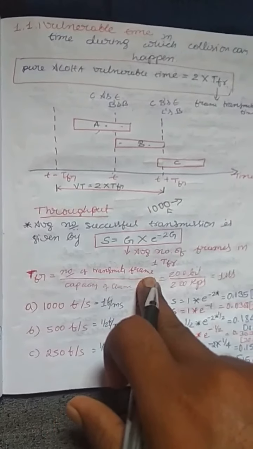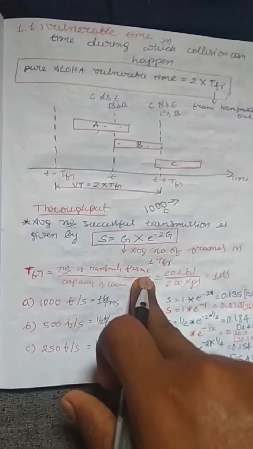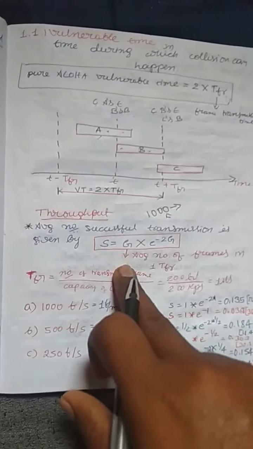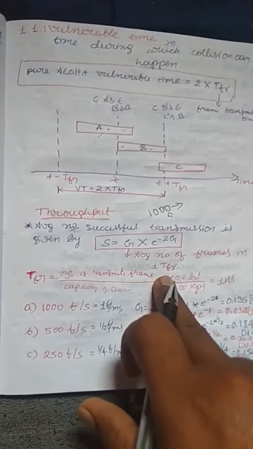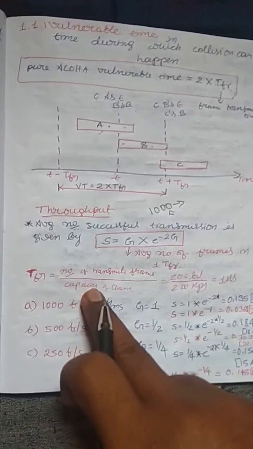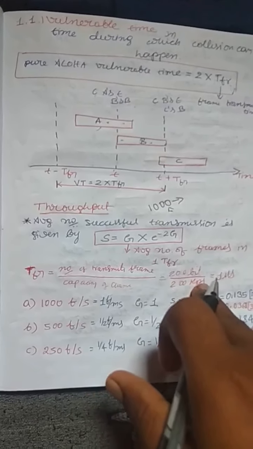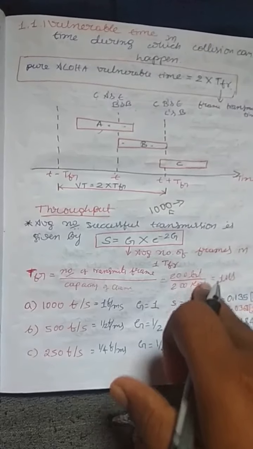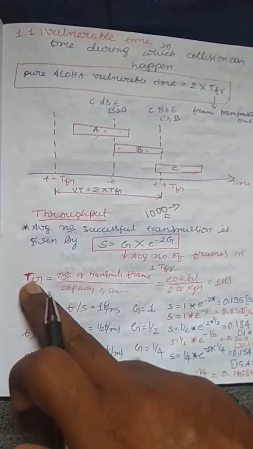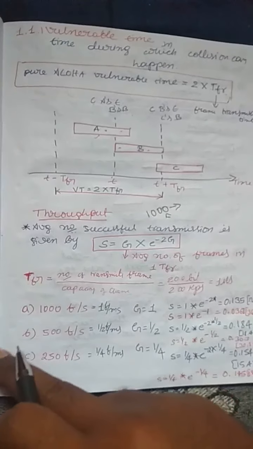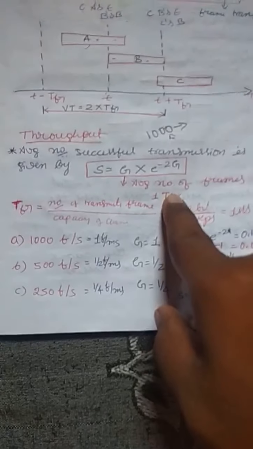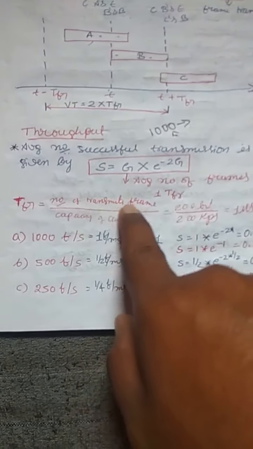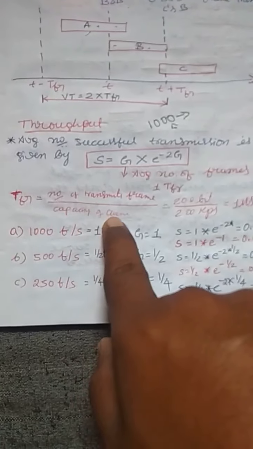Here there is one problem: suppose the frame is 200 bits and the capacity of the link is given. They give the number of bits in the frame and the capacity of the medium.